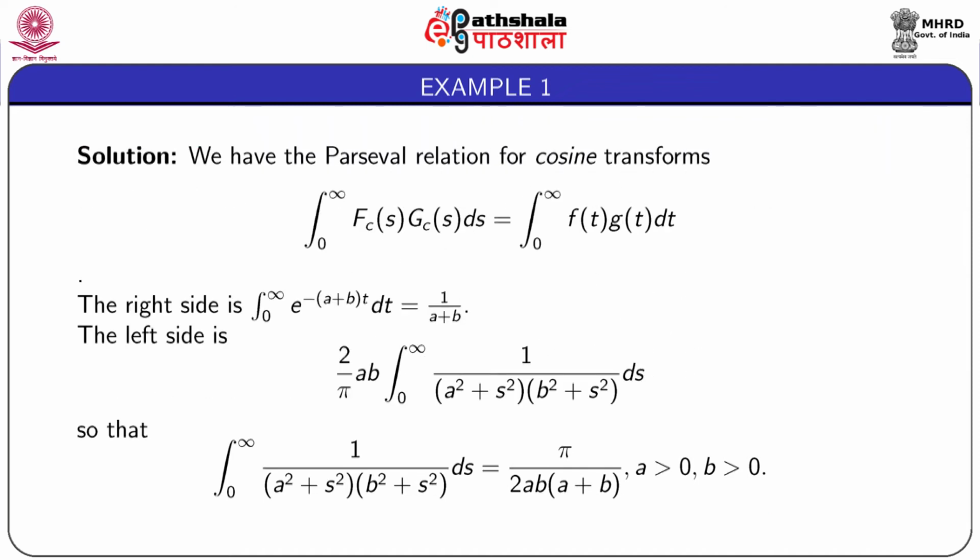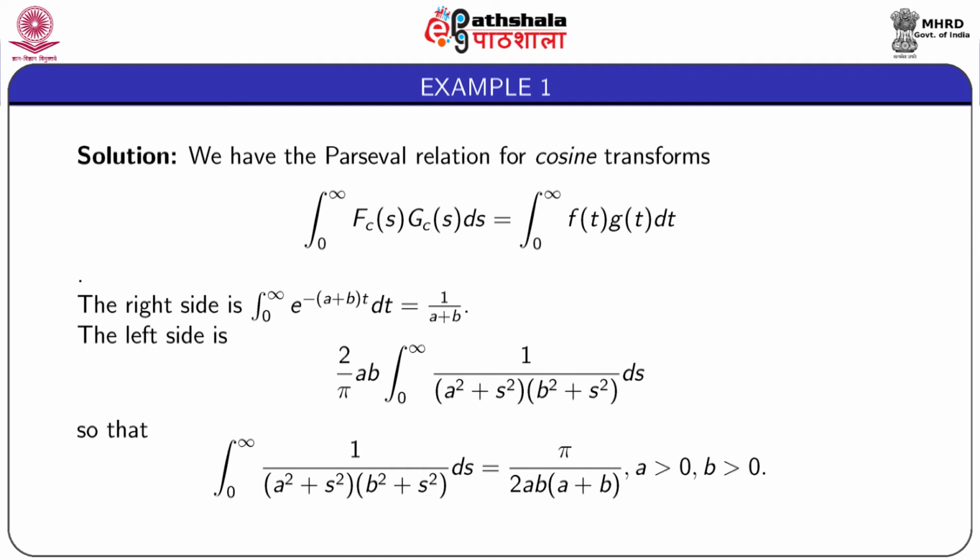Now, this can be proved by using the Parseval relation for cosine transform, which is given by integral 0 to infinity Fc(s) into Gc(s) ds. This is equal to integral 0 to infinity f(t) into g(t) dt.